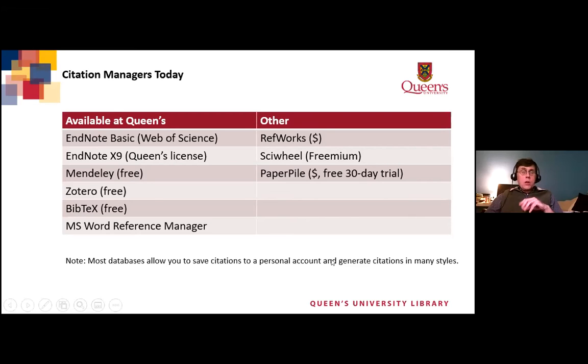Some of them too will also generate a citation. So you could pick a reference, generate a citation in the style that you wish, and then cut and paste that into a document. So it's pretty primitive. It's certainly not citation management, but it does give you some basic abilities to save references and generate citations.